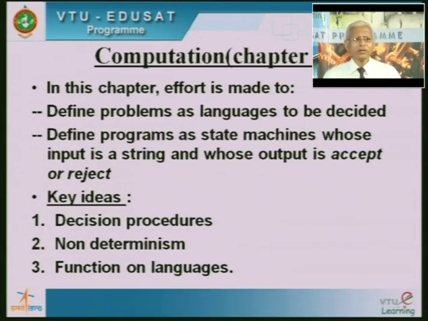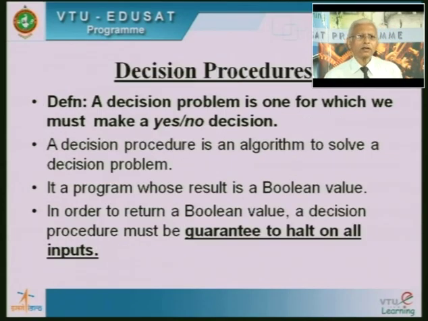The decision procedure requires some explanation. By definition, decision procedures have only a yes or no answer. It is like your objective type of questions, yes or no type. So, you must ask why decision problems have been taken, and why not a particular answer for a problem.